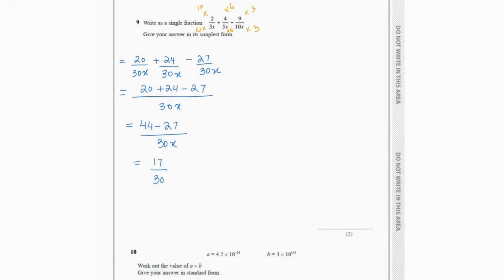So 17 over 30x is your fraction in its simplest form. It clearly says write as a single fraction, which means we have to combine the fractions into a single fraction and then simplify it. So remember, make the denominators equal and make sure that whatever you're multiplying to the denominator, that happens to the numerator as well. You solve adding or subtracting algebraic fractions with unlike denominators.